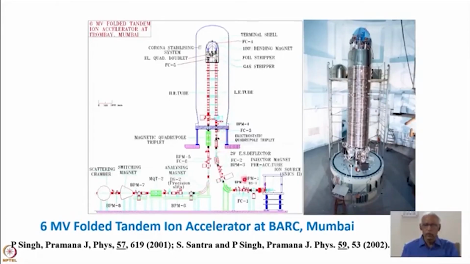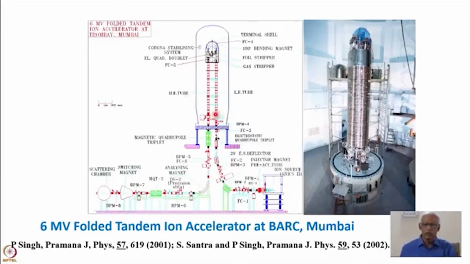The negative ions are injected into the first accelerating tube here, and they are already energy defined. For example, there is a 70-degree magnet and there is a 20-degree electrostatic deflector. Using that, a well-defined energy beam is injected into the first accelerating tube.